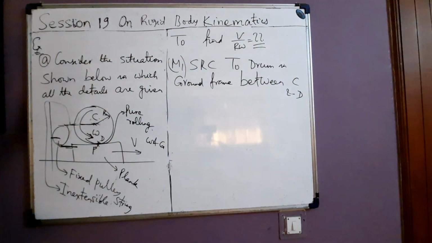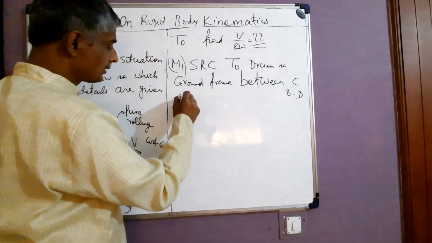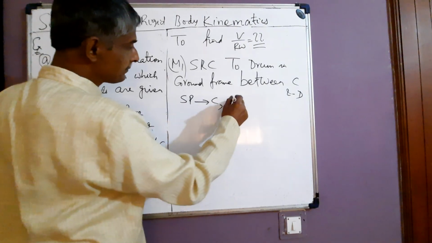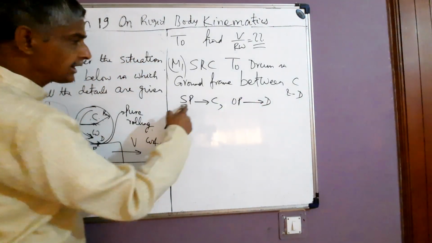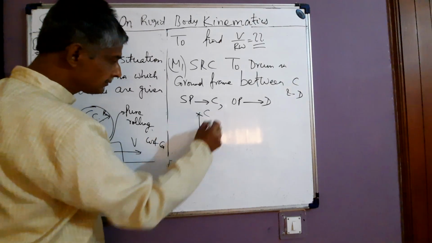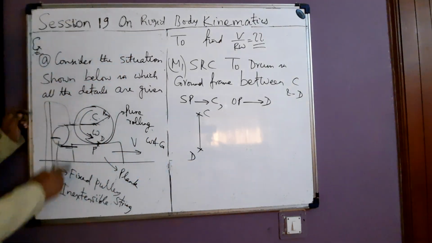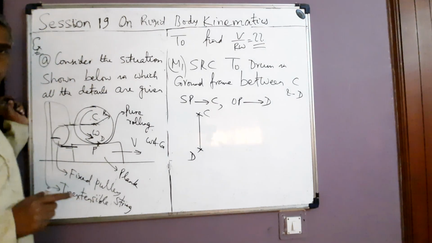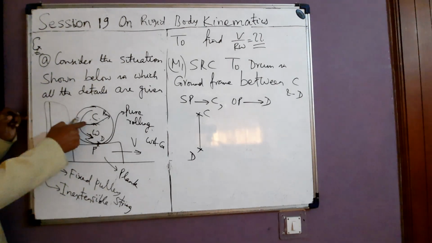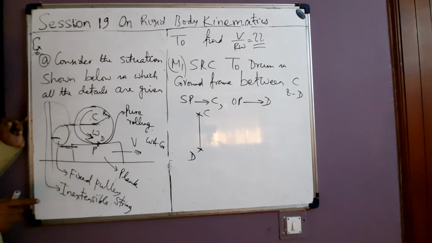Now the selected point becomes C, the other point becomes D. We draw the line joining SP and OP, that is C and D. We give the velocity of C to D, but we must know the velocity of C. Now see, the string is tight and inextensible, and the pulley is fixed.